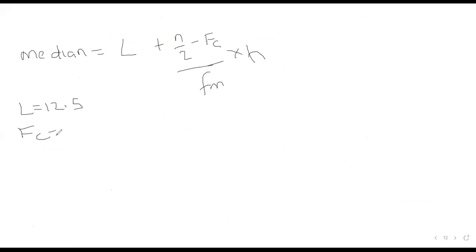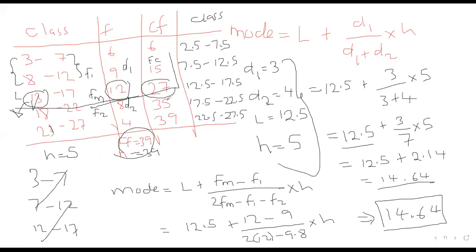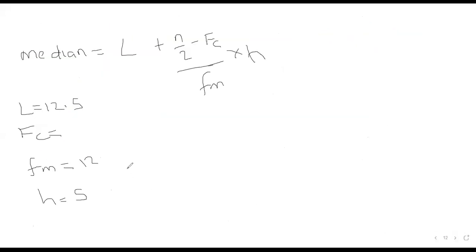Our height was 5. So here we're going to have 12.5 plus 39 over 2, minus our FC of 15, over our FM of 12, times our height of 5.